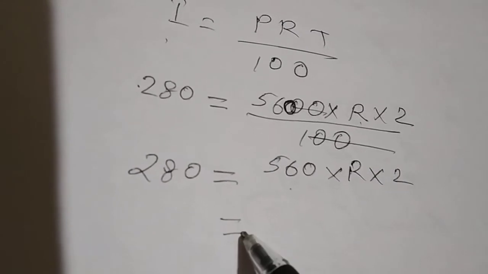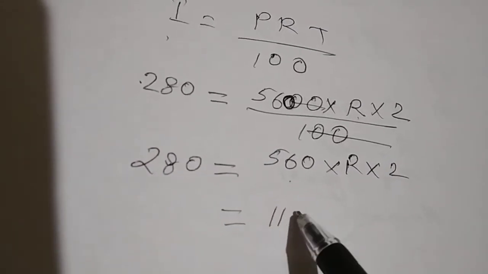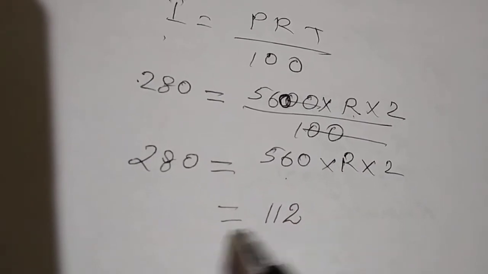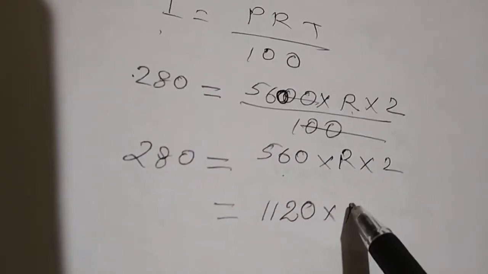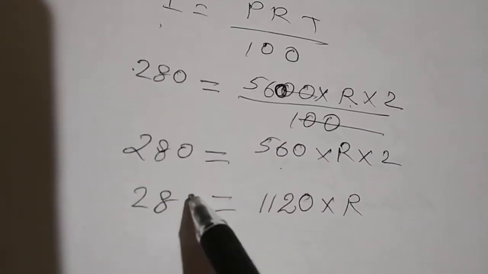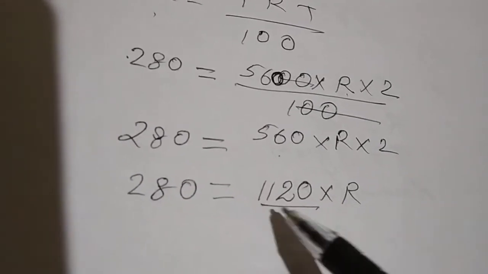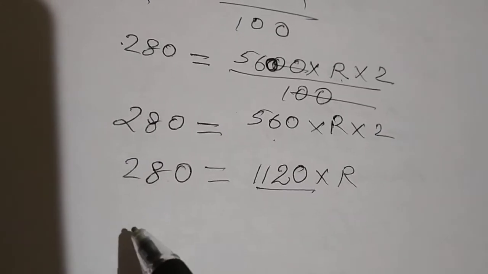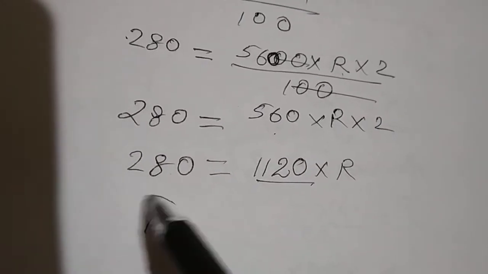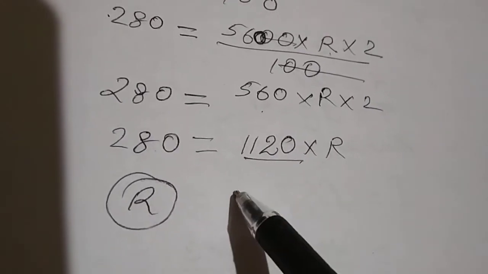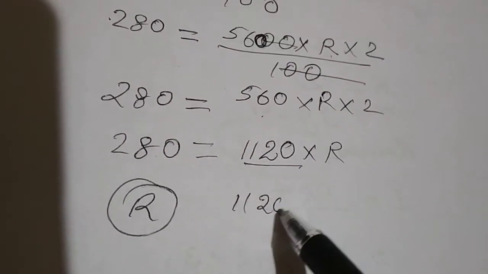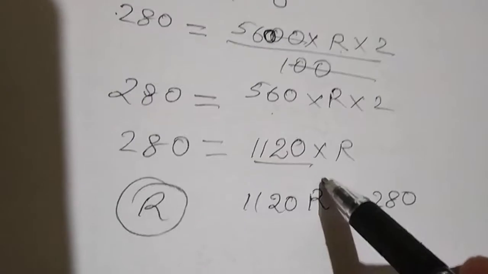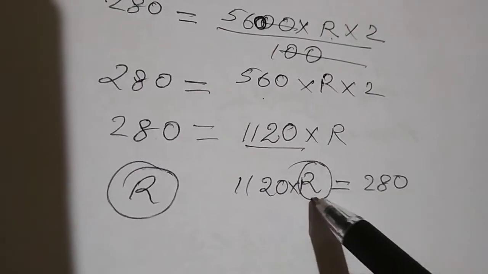So 56 times 2, 1,120 times R. So 280 is equal to 1,120 R. Okay, so here we have to find R. How can we find? Actually 1,120 R is equal to 280. We have to find the R.